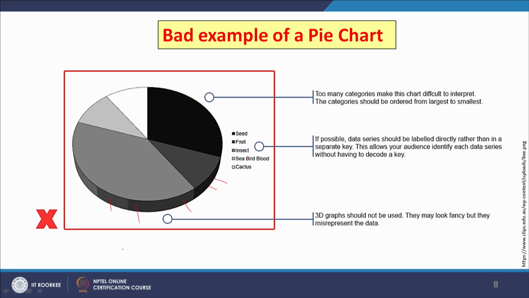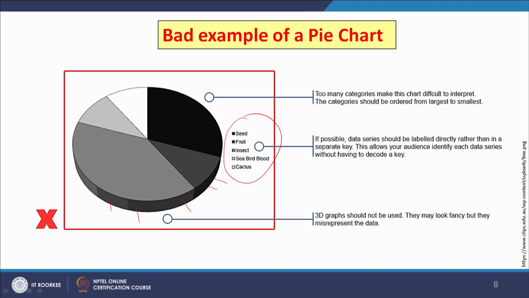And thirdly, since it is not a perfect circle, it is making a biased opinion about a certain section or certain part of the pie. And of course, there is no labeling of percentage or any other thing. One thing is definitely there, that is the legend, but the values are not there. So, we do not know which is representing how much percentage of the data.